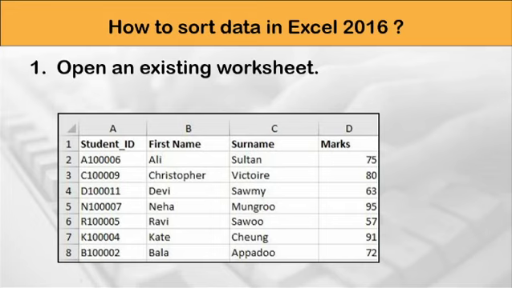As you can see, there are 4 columns of data with specific headings like student ID, first name, surname, and marks. As mentioned earlier, we're going to sort the first names of students in ascending order. Therefore, we are concerned with the first name column.